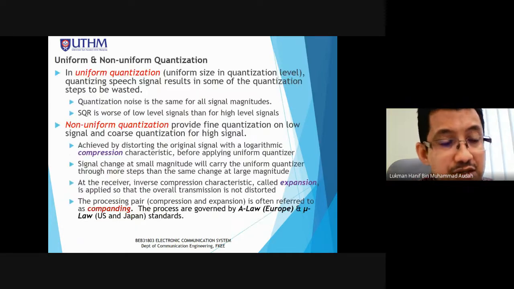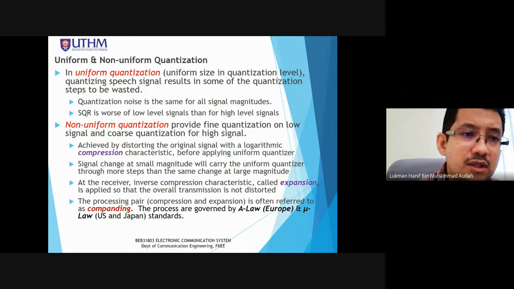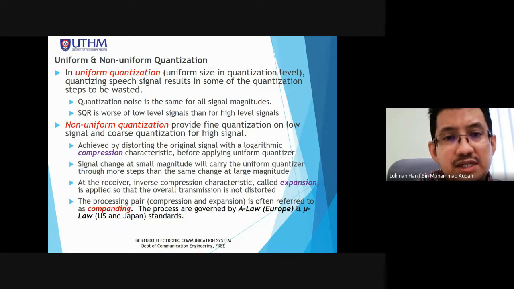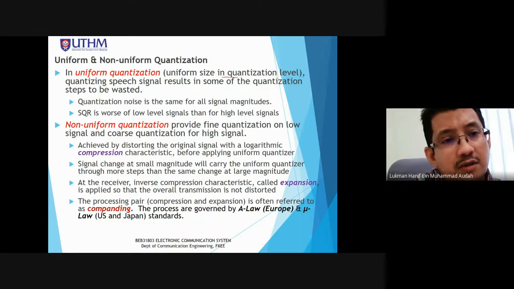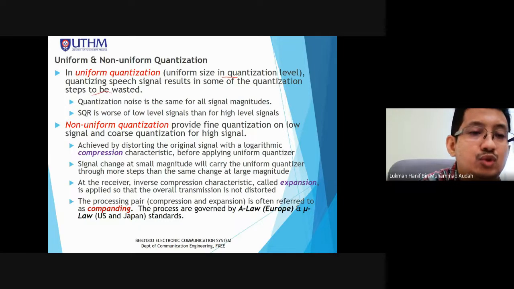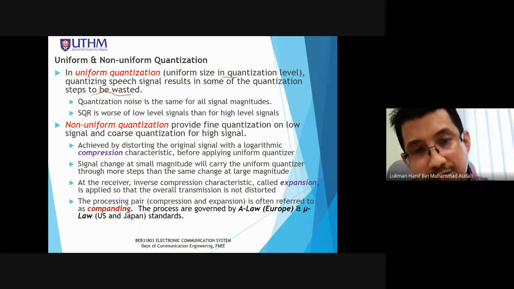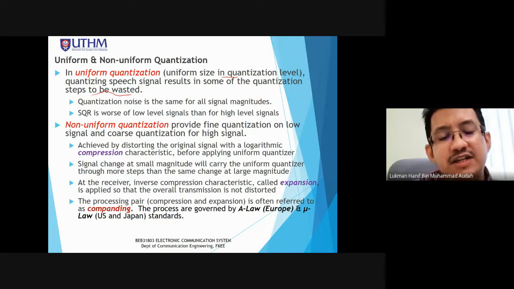Kalau kita lihat dia punya definition di sini, ada diterangkan in uniform quantization, uniform size of quantization level, step size dia semua sama. Quantizing speech signal results in some of the quantization steps to be wasted. Quantization noise is the same for all signal magnitudes.